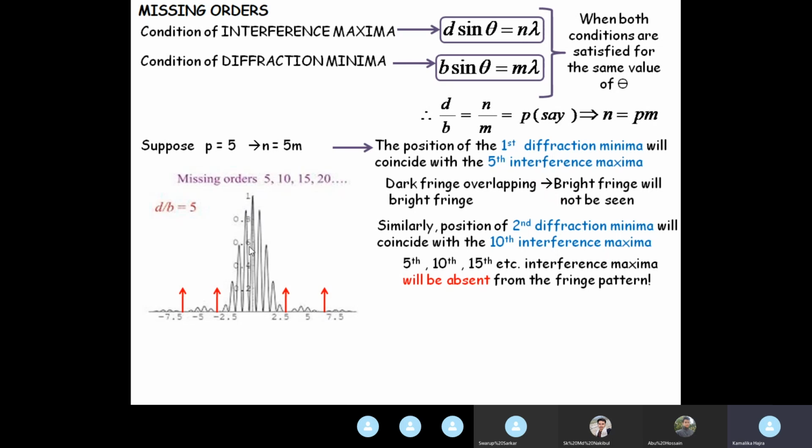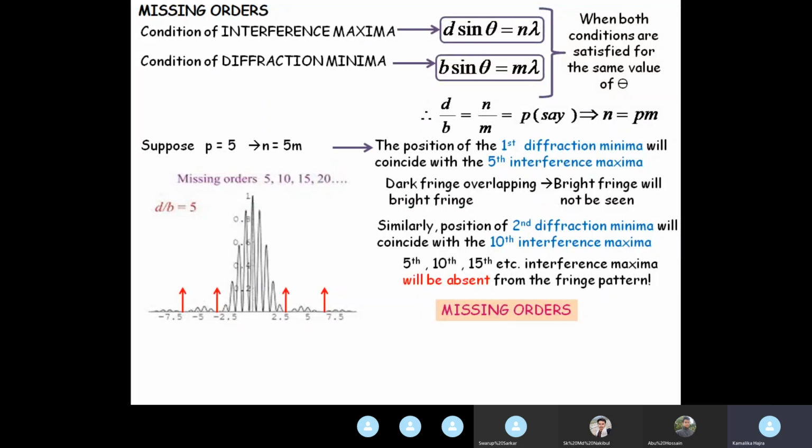Same thing on the other side, symmetric. 1, 2, 3, 4, 5th bright fringe is absent. 6, 7, 8, 9, 10th bright fringe is absent. And if you continue in both sides, you will see that the 15th, the 20th, etc. bright fringes are absent from this fringe pattern. So these are therefore called the missing orders.